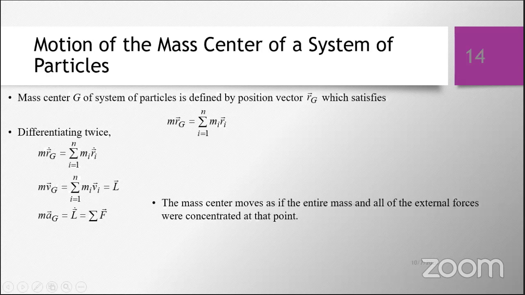What does it mean when it's fixed? That means that it cannot move.